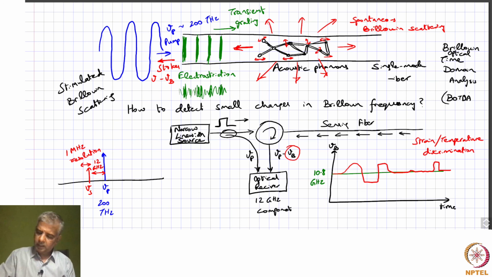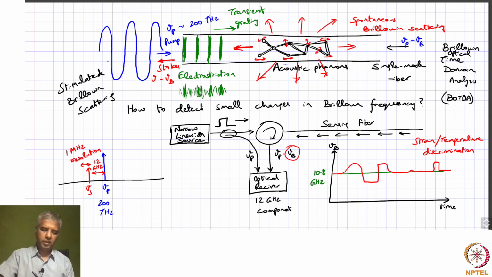So, the key principle of BOTDA is that you are feeding light from this direction at a frequency of nu naught, or rather nu p minus nu b. If you feed in nu p minus nu b from the other direction, that can stimulate this interaction, and that can enhance this Stokes.